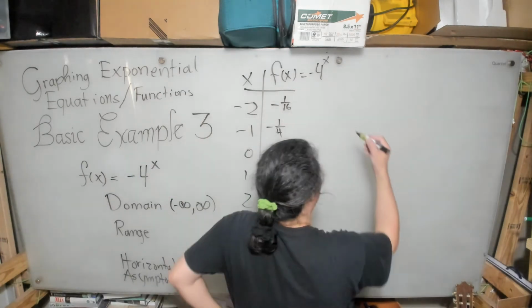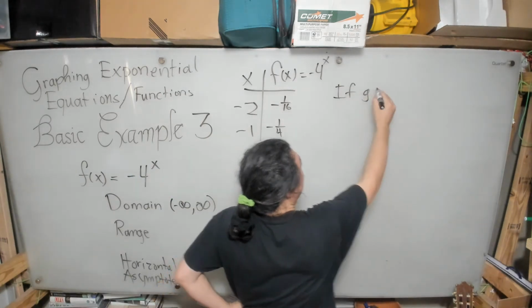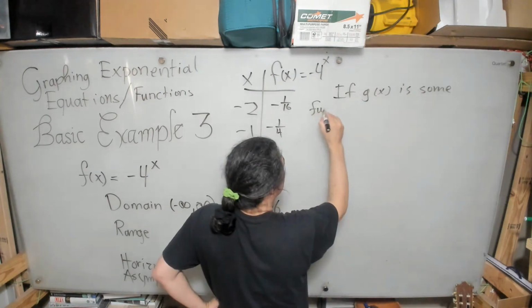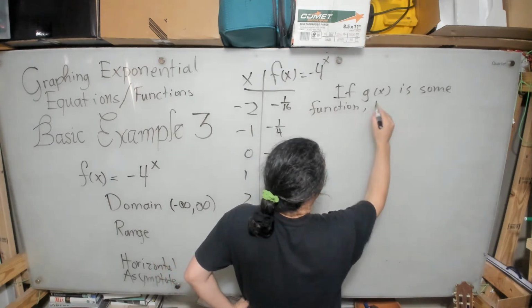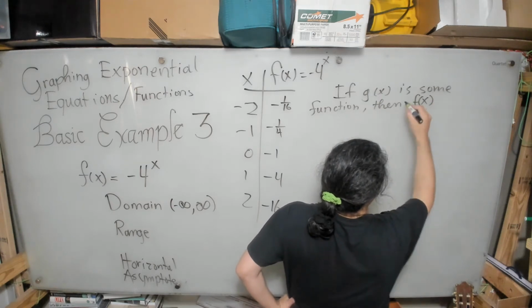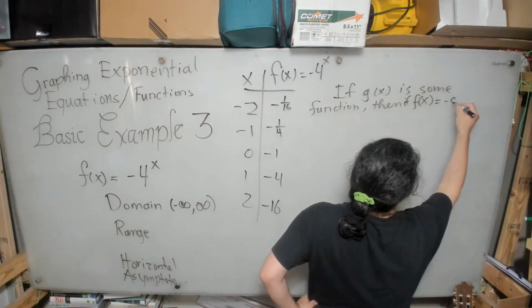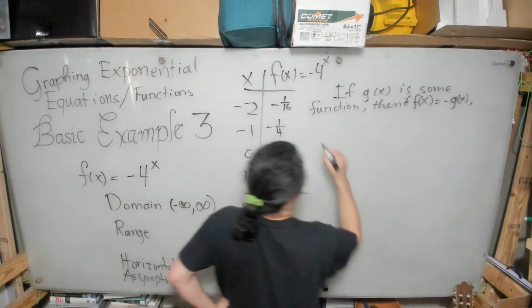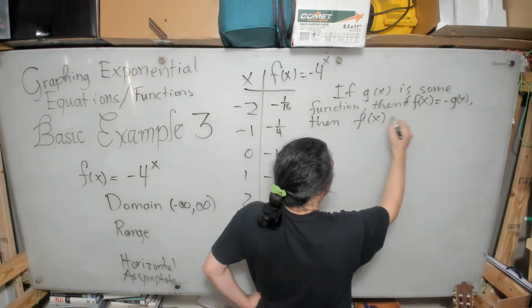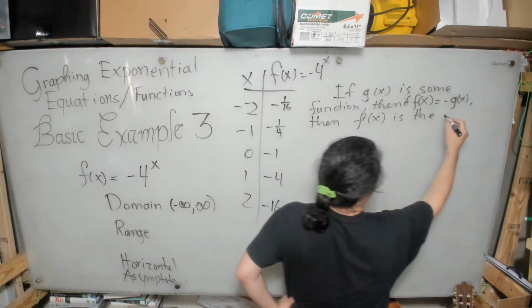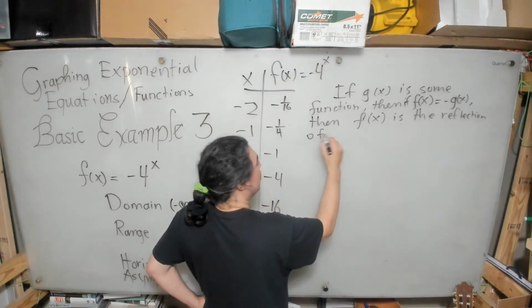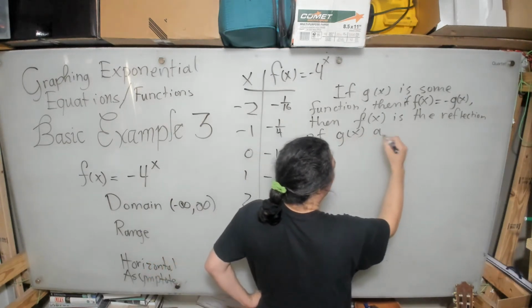I know that if g of x is some function, and if f of x is equal to negative g of x, then f of x is the reflection of g of x across the x-axis.